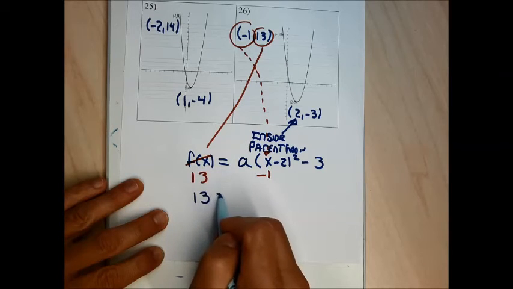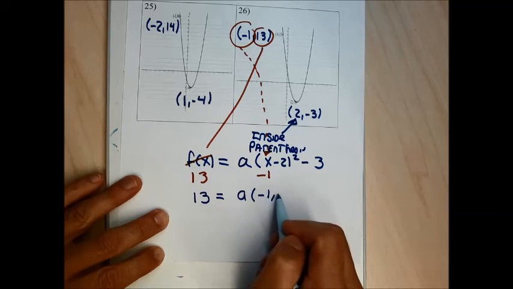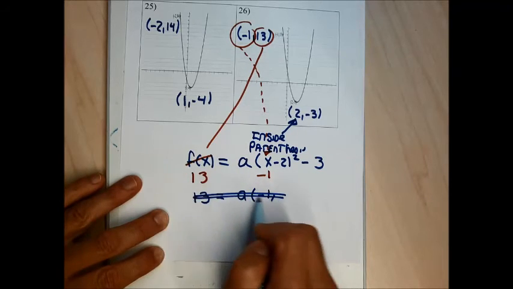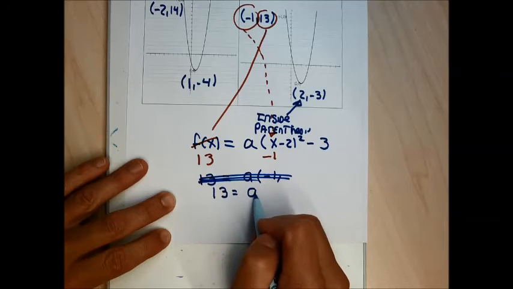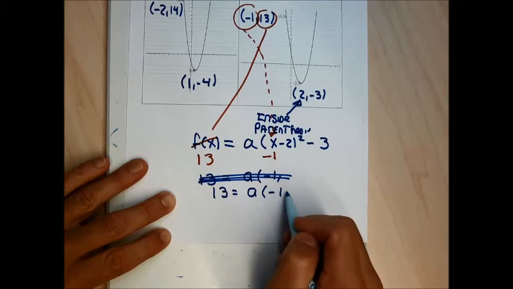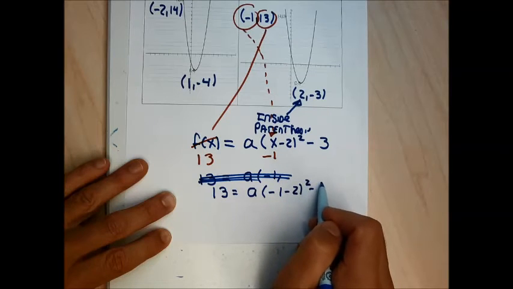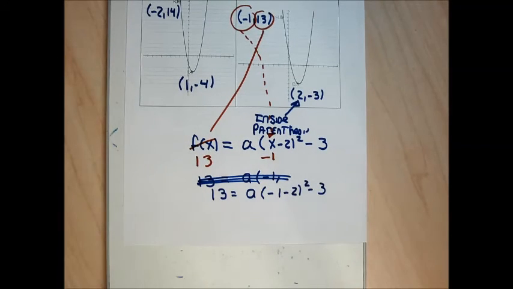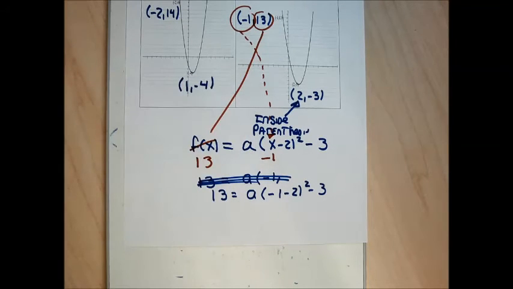So my answer to question 26: the equation of this parabola can be found by putting the vertex into the equation of the parabola, and then taking the point and plugging it in for the f of x and the x, and it will help me find the a.